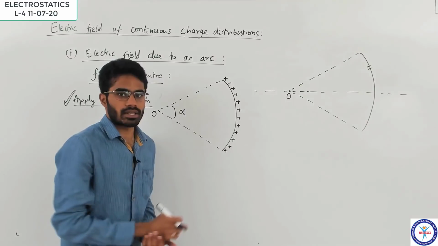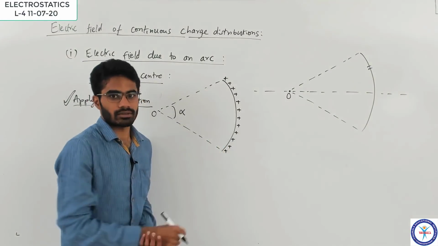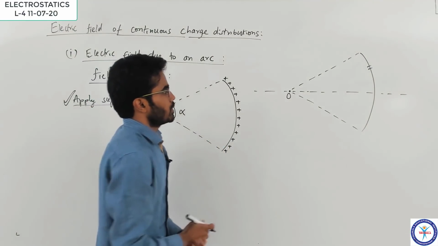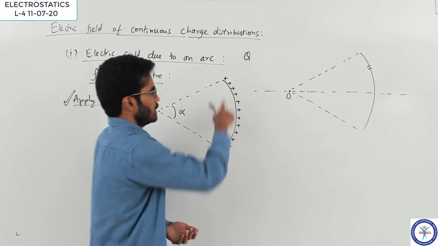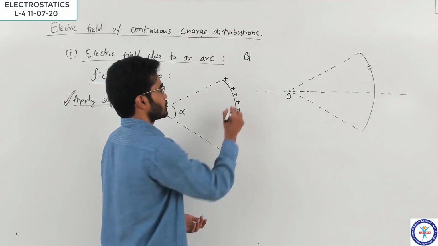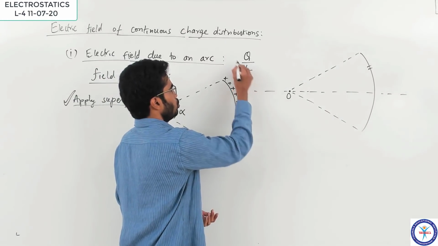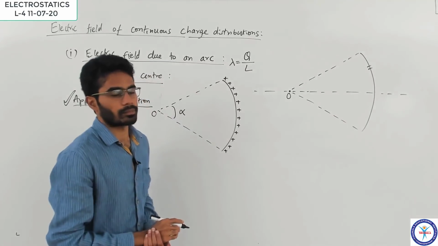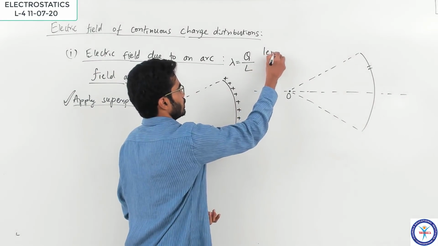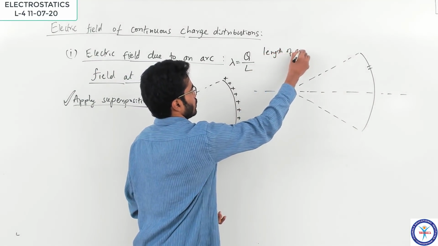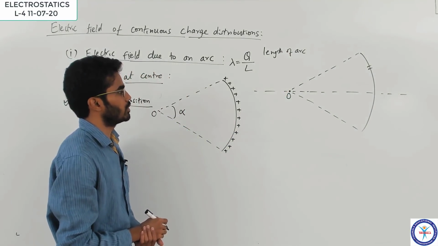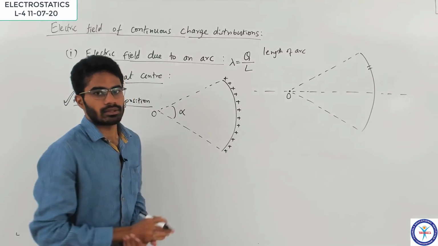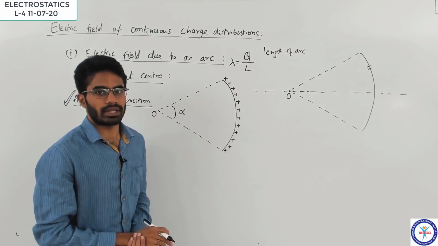It is also a linear charge distribution, but the line is curved, an arc. If it is given a charge Q and it has a length L, then Q by L is lambda. L is the length of the arc. So it has a lambda, charge per unit length.